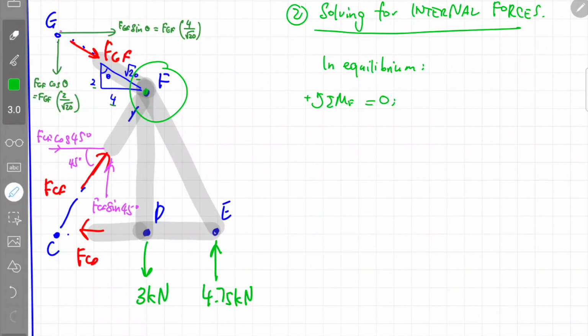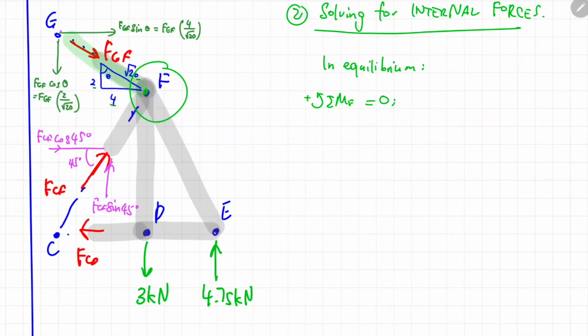If I want to calculate the moment produced by this force FGF, it passes through the rotation point F, so there is no moment produced by this force. We can ignore the calculation of moment over here. Accordingly, FCF also passes through rotation point F, so we can also ignore this force as it will not create any moment about point F. How about this force, FCD?